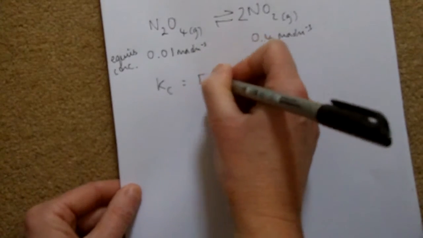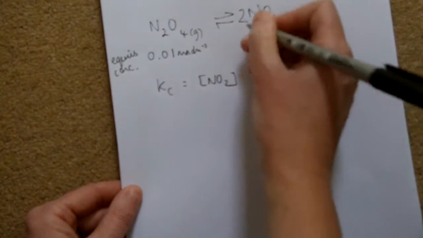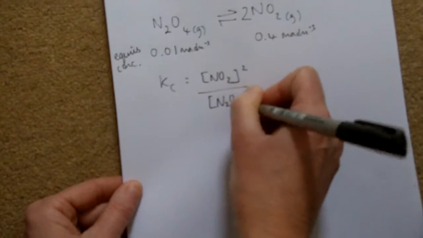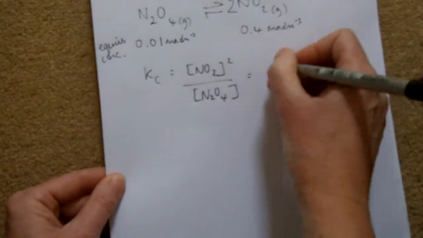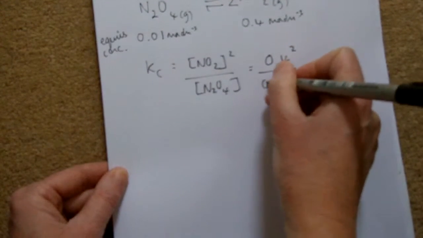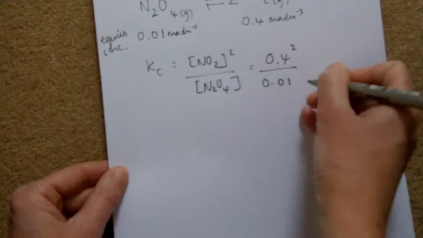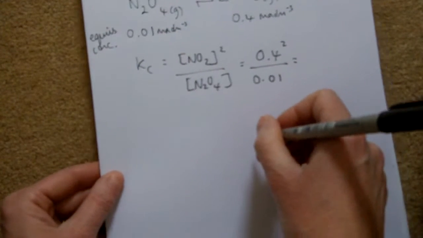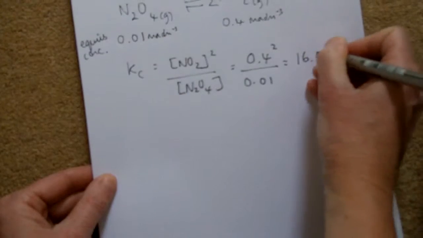So Kc is going to be the product squared over the reactant. Kc is going to be 0.4 squared over the reactant, and when you do that calculation, it comes out as 16.